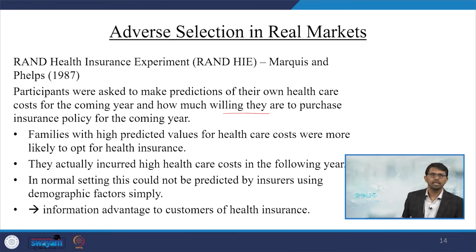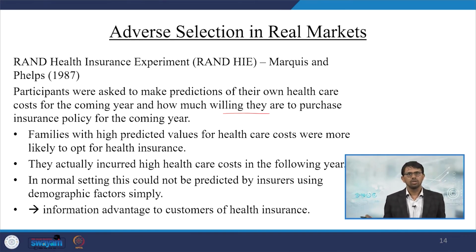Families with high predicted values for healthcare cost were more likely to offer to buy health insurance. They actually incurred high healthcare cost in the following year. In a normal setting, this could not be predicted by insurers using demographic factors simply. Customers of health insurance have an information advantage.